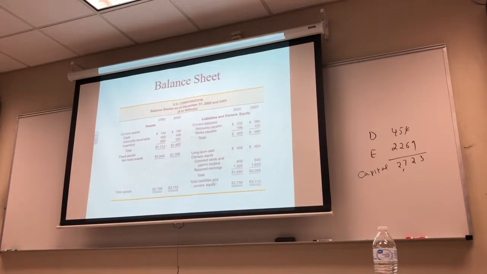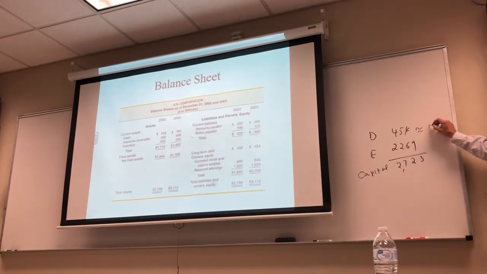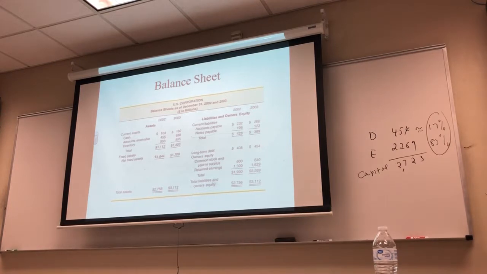So this divided by this will give you approximately how much? I think about 17%, if I'm not mistaken. And the remainder will be 83%. So this is our firm's capital structure: 17% coming from lenders and 83% coming from shareholders, owners.